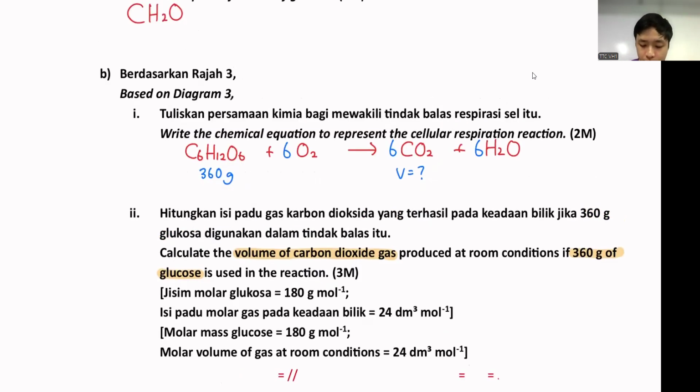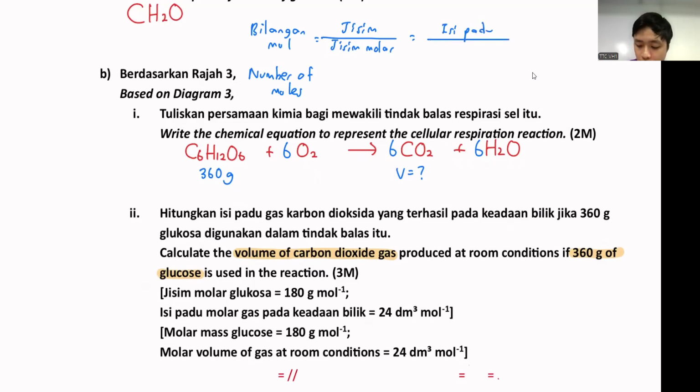The first one is the number of moles, which is mass divided by molar mass. The second one is volume divided by molar volume. Normally, the exam won't give these formulas.